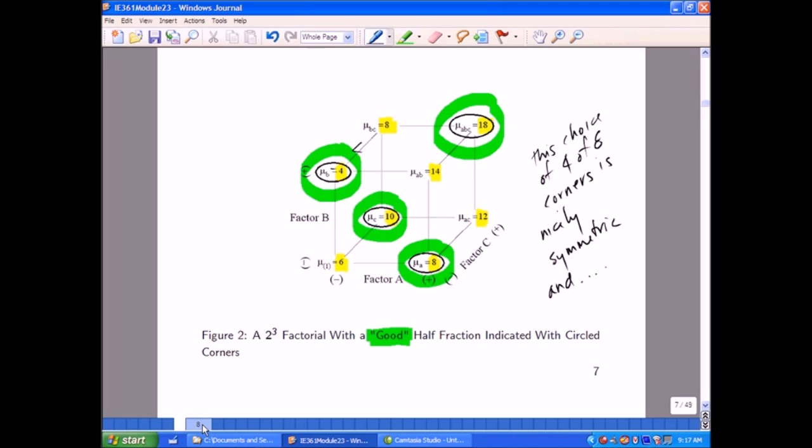What I might try to do is to say main effects are face averages minus the grand average. I don't have any complete face here, but I might try to take this guy and this guy.